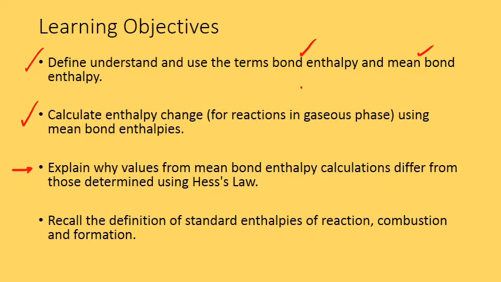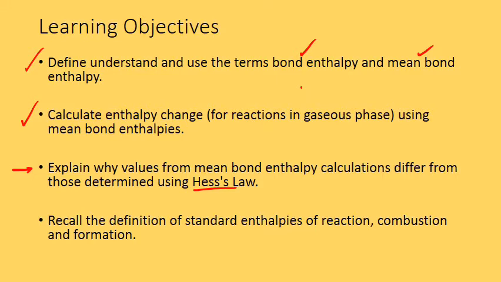Okay, so Hess's law you've not come across yet, and that comes up in a couple of lessons' time. But it's an alternative way of working out enthalpy changes, but it uses the bond enthalpies for specific reactions.